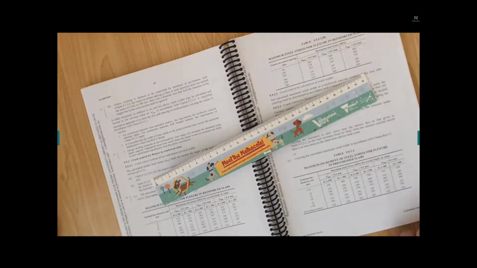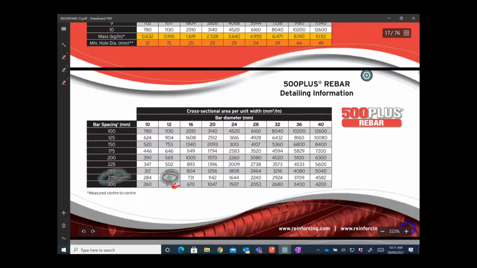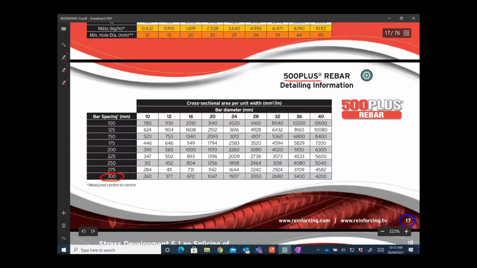And our rebar tables also follow that. Look here. They will not supply any reinforcement spacing of more than 300. They generally supply meshing like 200. If you say, hello, I want 500 plus rebars with a spacing of 400, they will tell you we don't supply 400, full stop.